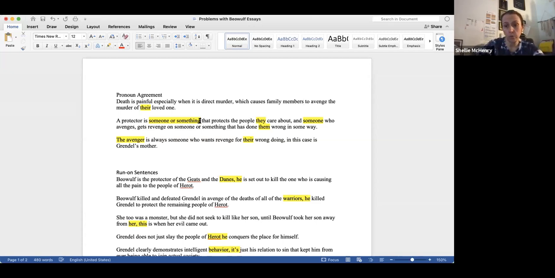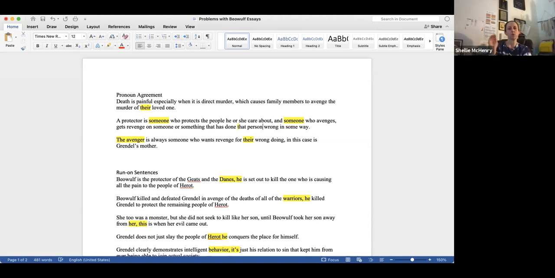So a correct way to do it would be: a protector is someone who, which would be a better relative pronoun than that, protects the people he or she cares about, and someone who avenges gets revenge on someone or something that has done that person wrong in some way.